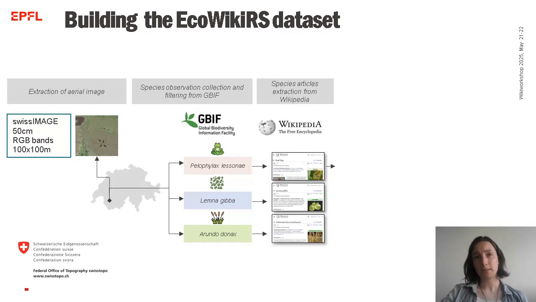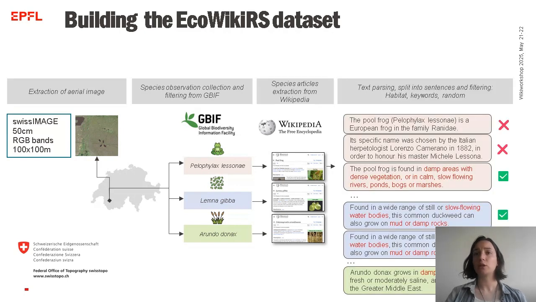For each species, we extracted a Wikipedia article if it is available, and then we cut the Wikipedia article into sentences. As you can imagine, in Wikipedia you have a lot of sentences that are not interesting for our task, that are not related to the land cover and the habitat, those that I highlighted with red crosses, but we still have also a lot of sentences that are good, with the green ticks.